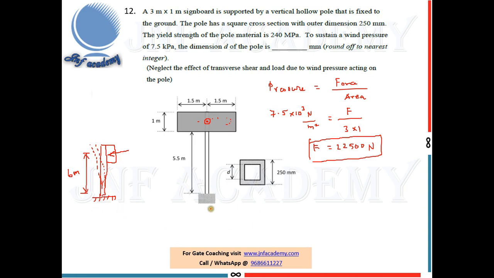So the formula for bending stress is sigma is equal to My by I. The bending stress value which I am going to take is 240 megapascal. This will be the yield strength of this material.